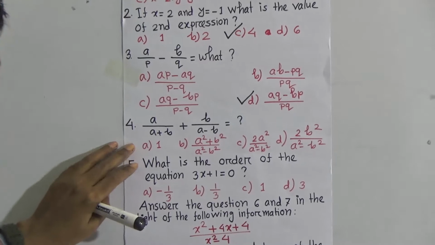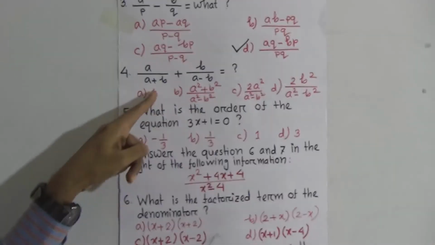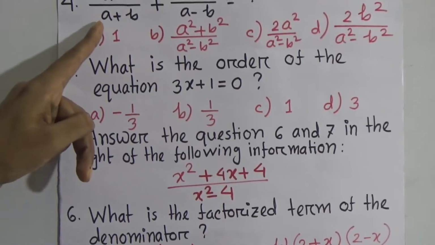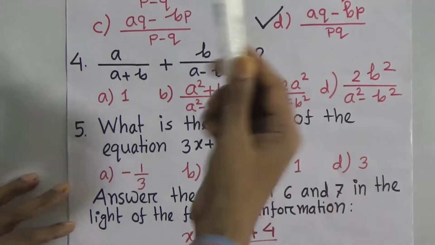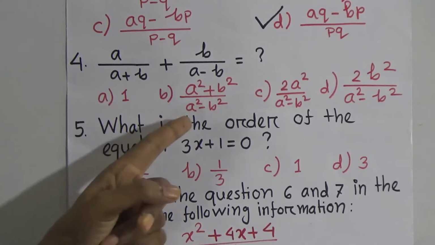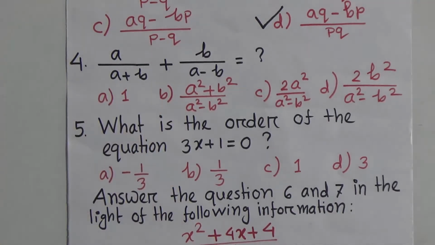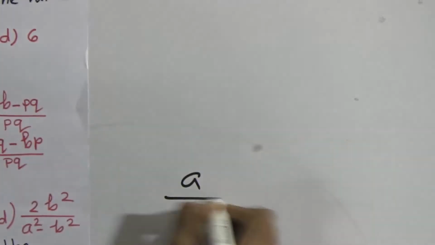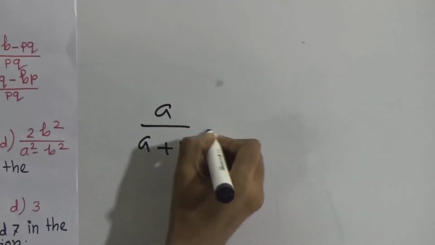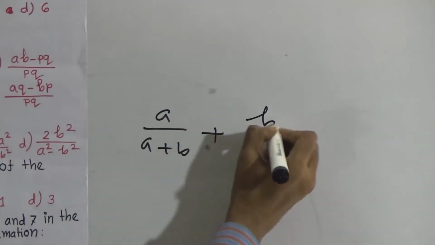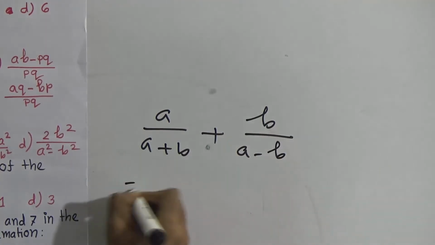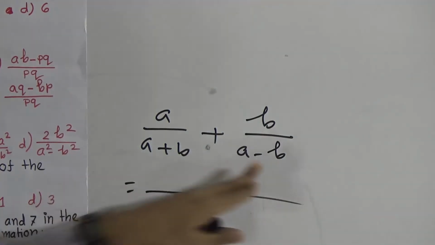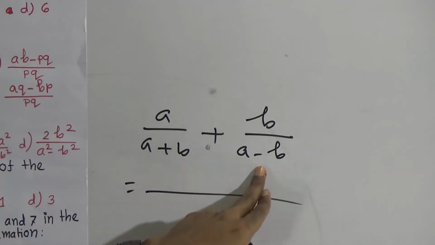Now question number 4. a by a plus b plus b by a minus b equals what? That means we have to simplify this. What is the LCM of a plus b and a minus b?